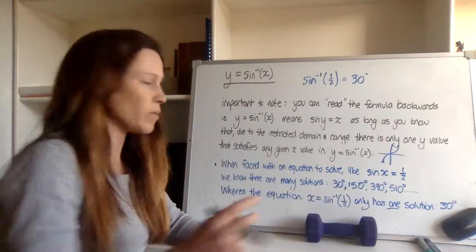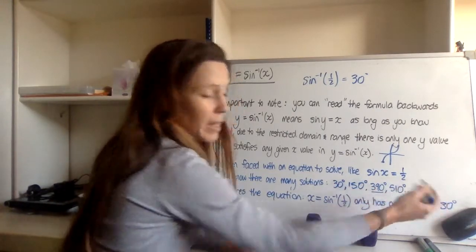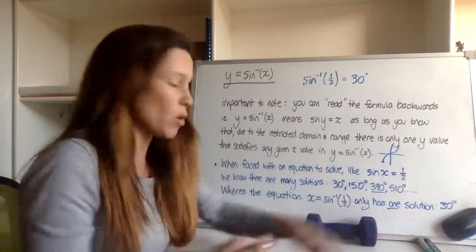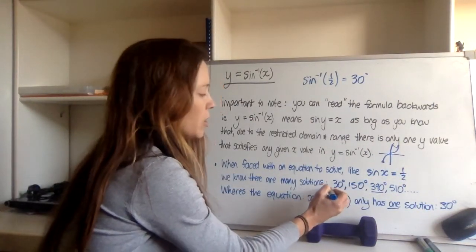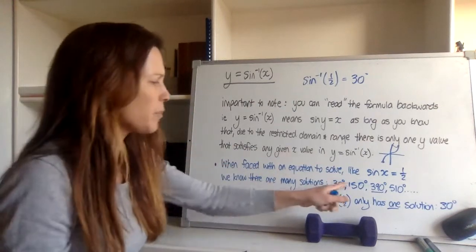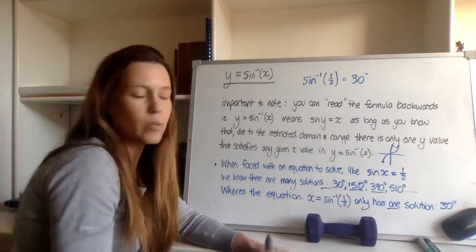There's multiple answers. We've got a second quadrant answer, and then we've got more first quadrant answers. We can keep on adding 360 degrees to those answers to generate more, and in fact they go back this way as well. We can generate more by subtracting 360 degrees, and then we can generate more answers by adding or subtracting 360 degrees to the second quadrant answer.